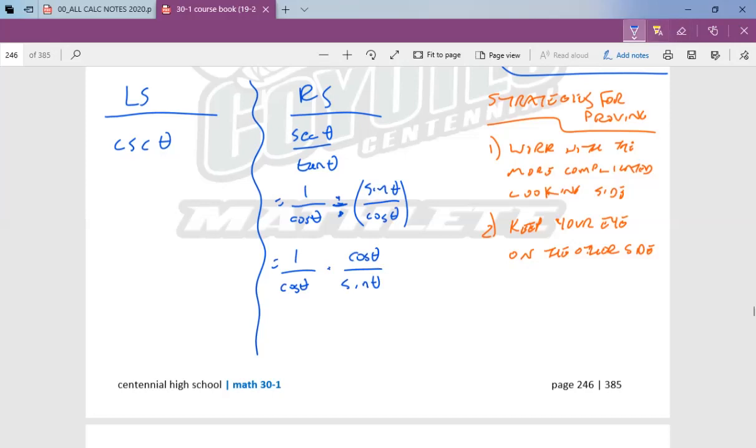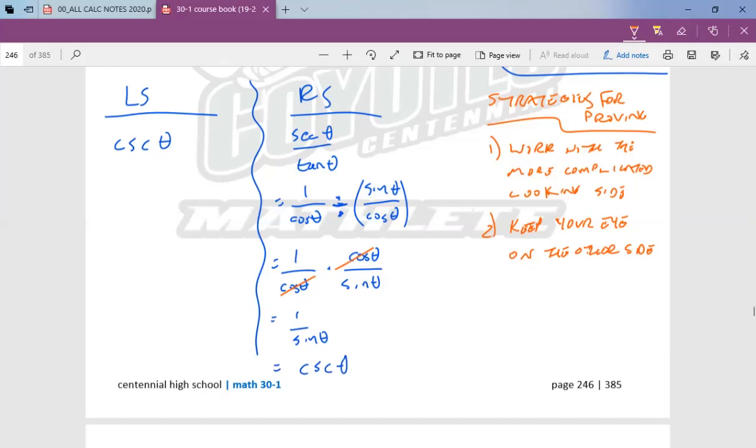And you can see where we're going with this. This divides out, and we end up with 1 over sine theta, which we know to be cosecant theta. So we are done, essentially, with this proof.